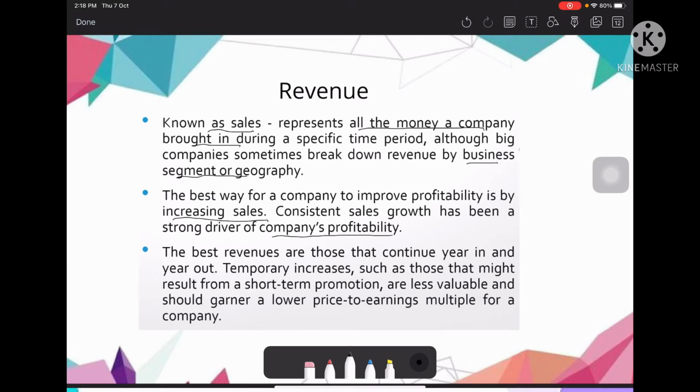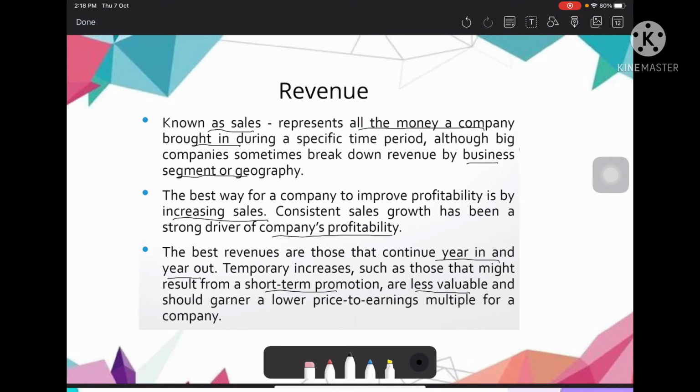The best revenues are those that continue year in and year out. So temporary increases, such as those that might result from a short-term promotion, are less valuable and should garner a lower price to earnings multiple for a company.